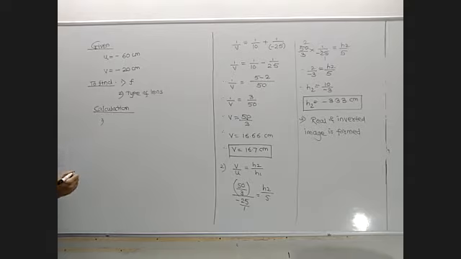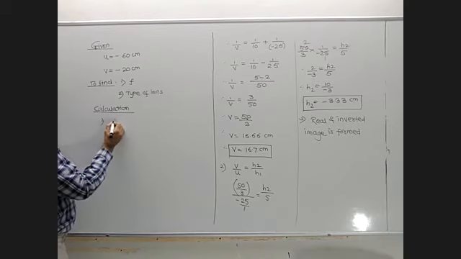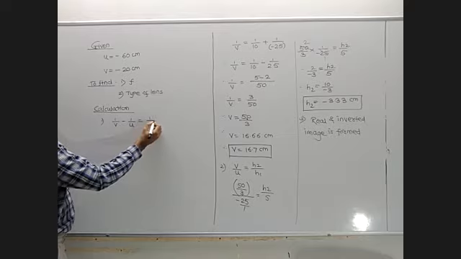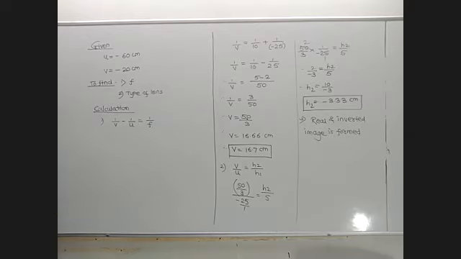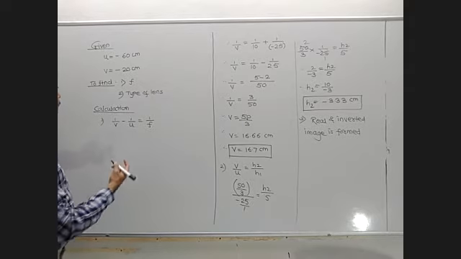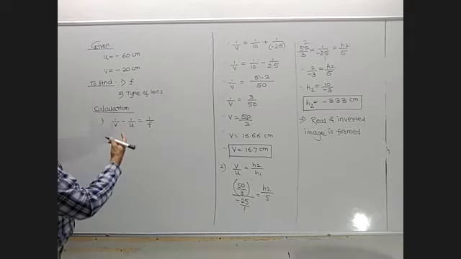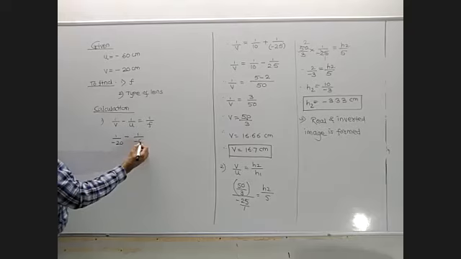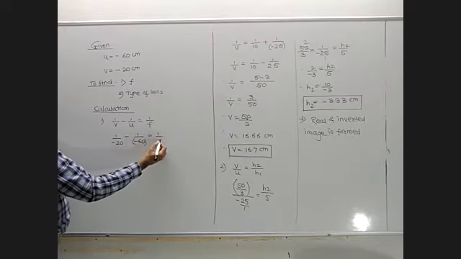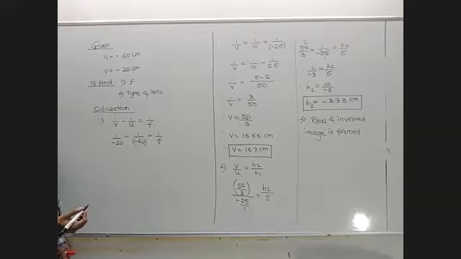Now it's the lens formula: 1 upon v minus 1 upon u is 1 upon f. Now we'll substitute the known variables. v is minus 20, minus of u is minus 60, is equal to 1 upon f.